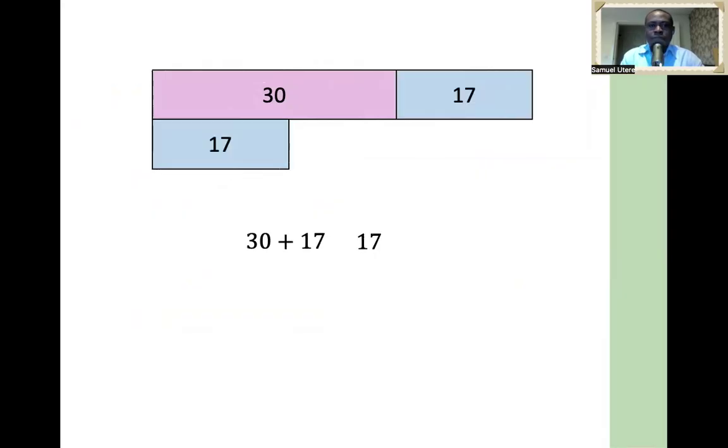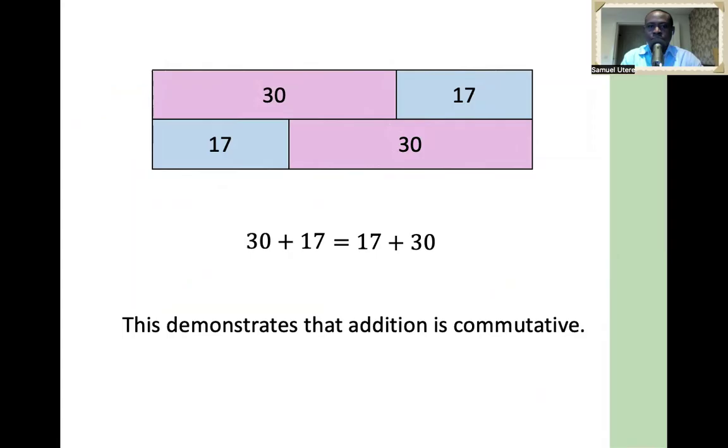If we have this calculation, what do you notice? Well, you can see that this is an example of having commutative representation of the same calculation. So the order in which we write this calculation does not affect the result.